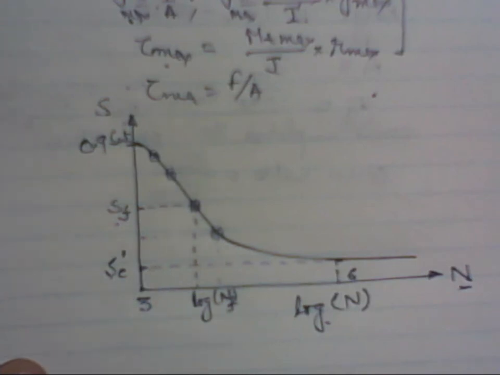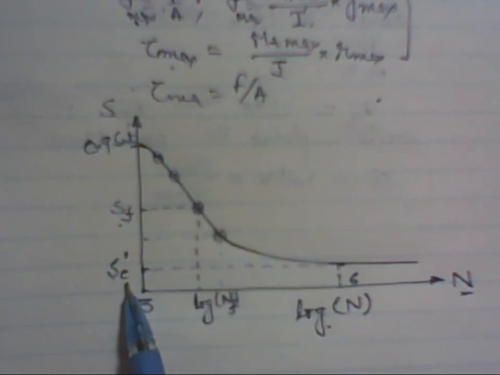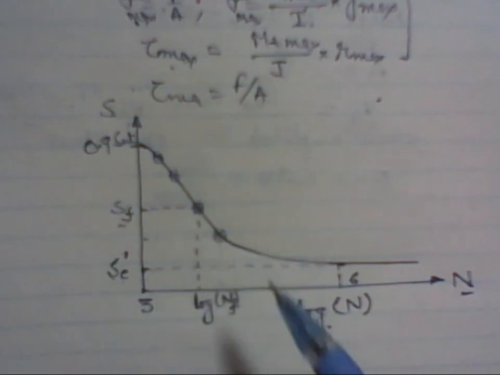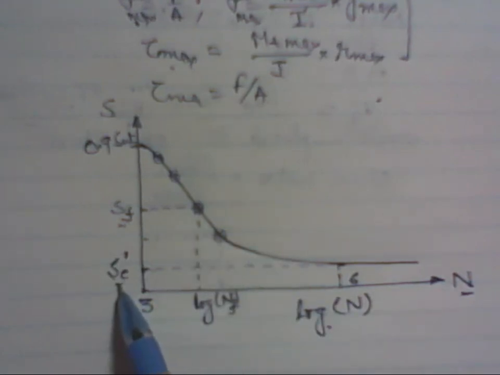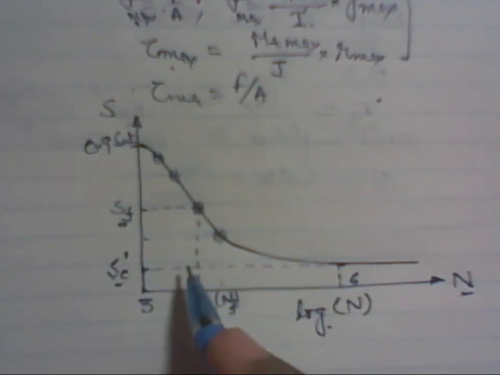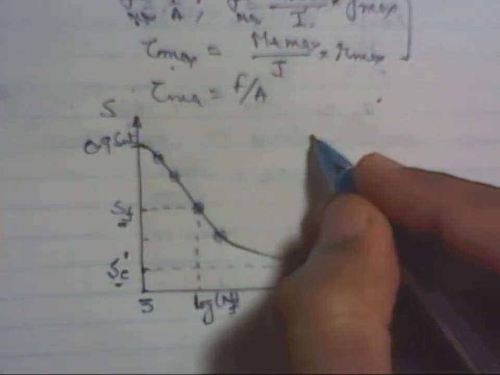This particular point, for which the component can be loaded for an infinite number of cycles, has a specific name. This SF is known as fatigue strength. So we have SE dash, which is the endurance limit, and we have SF, which is the endurance strength.